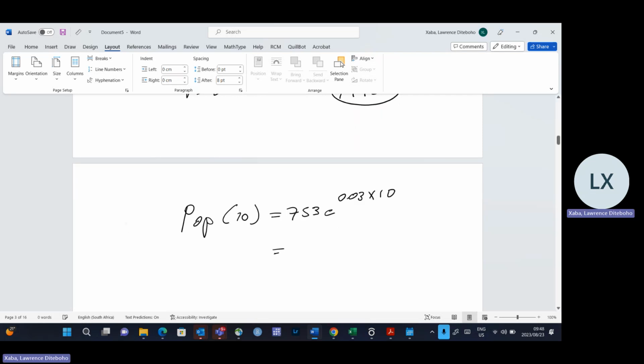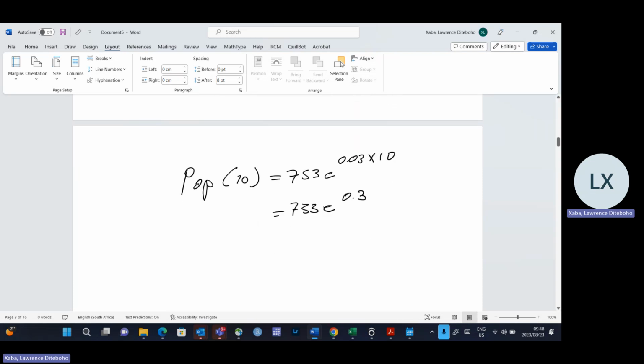Then what do we do now? We try to simplify what we have. 753 remains the same, to the power e. Then we multiply what we have up there: 0.03 times 10 gives you 0.3.